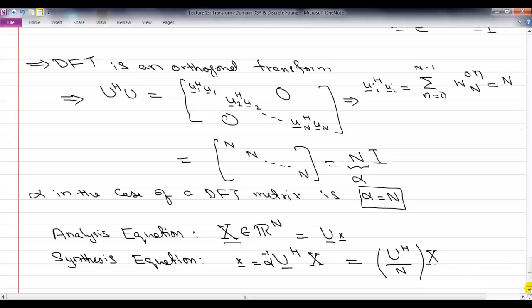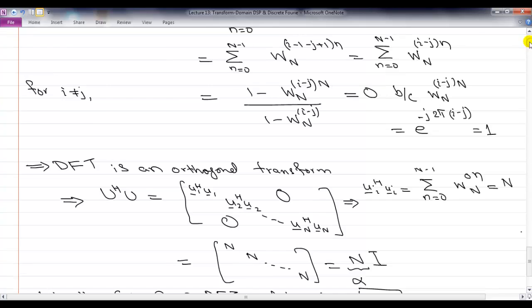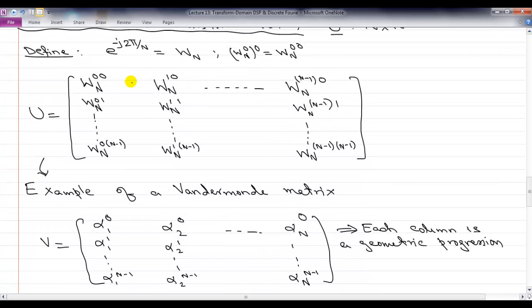Now there is another fact. Let's go back to the expression. If you look at this U and you do U transpose, look at the first row and the first column. They are exactly the same.